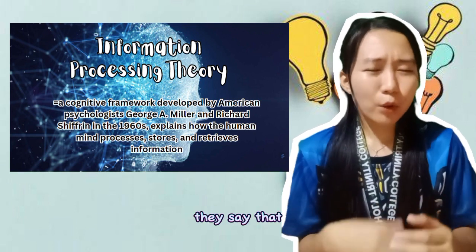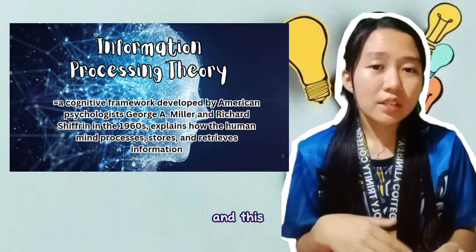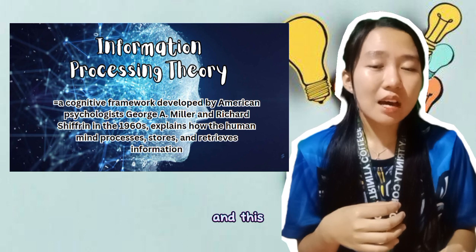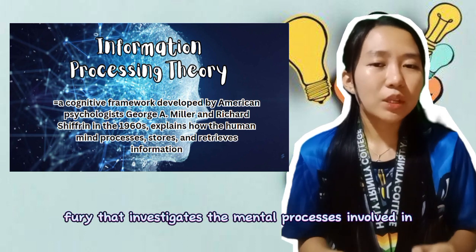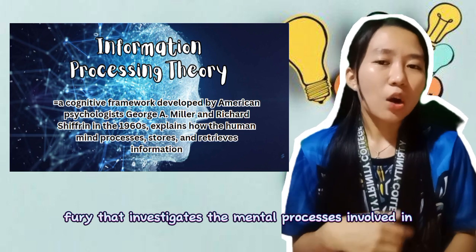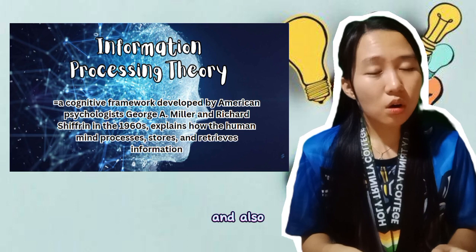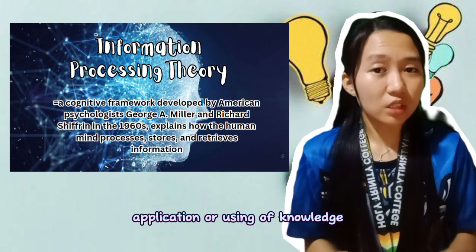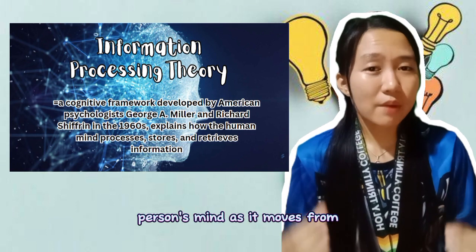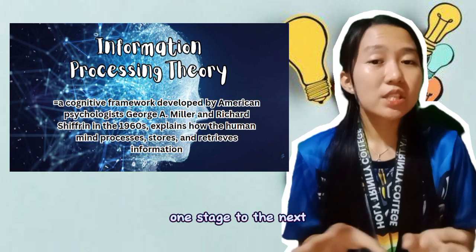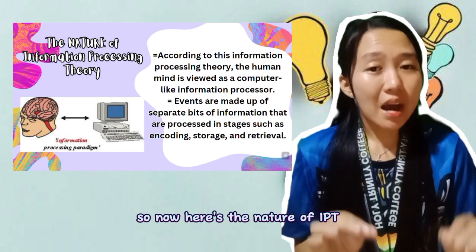They say that our brain analyzes many pieces of information at the same time, and this IPT is a cognitive psychology theory that investigates the mental processes involved in acquiring knowledge, storing information, and also applying or using knowledge. It focuses on the flow of information within a person's mind as it moves from one stage to the next.